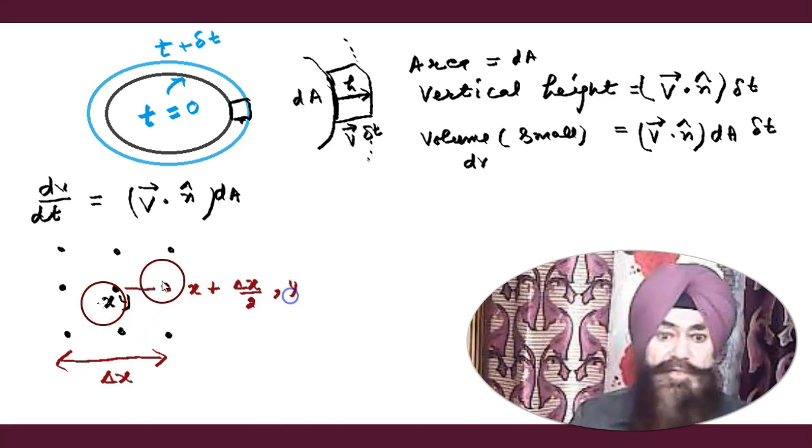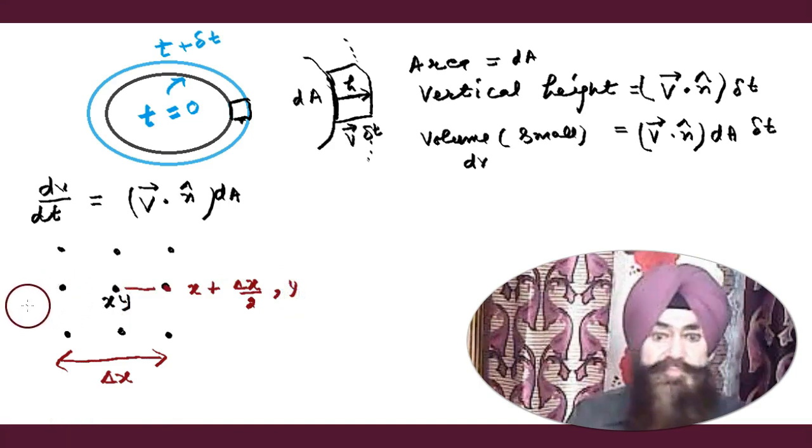Now I'm writing the coordinate for this point: x plus delta x by 2, and y is the same. Now for the coordinate of this point: x minus delta x by 2, y. Now this is delta y.